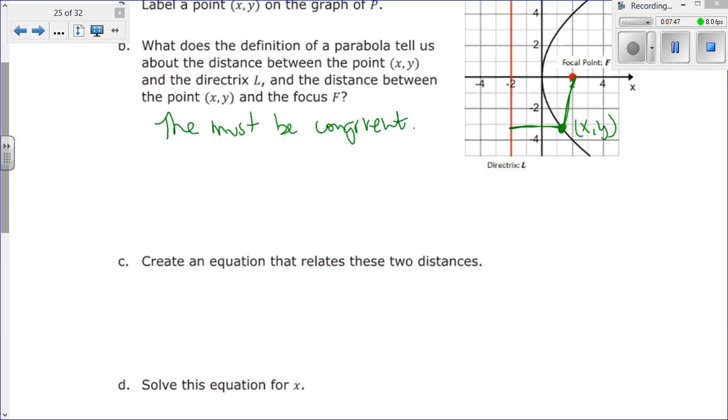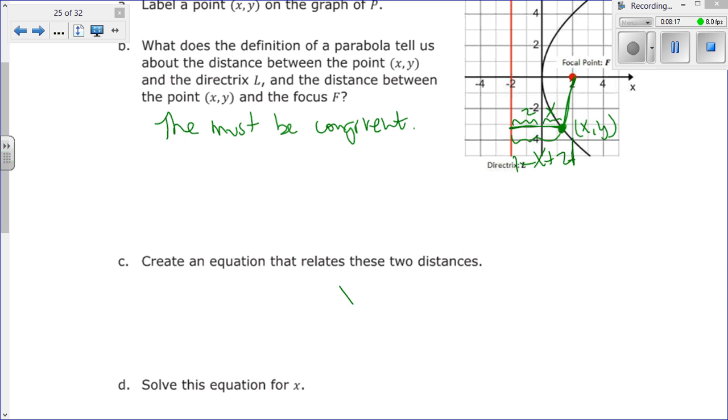Well, normally we talk about the y distance being my vertical distance, but I don't have a vertical distance today, but I do have a horizontal distance. So I can count that as x. From here to here is x plus 2, because this distance is 2, and this distance is x, so the whole distance is x plus 2.